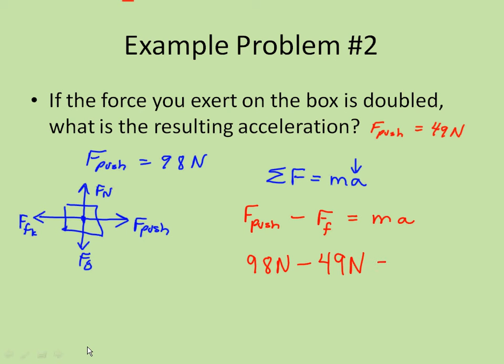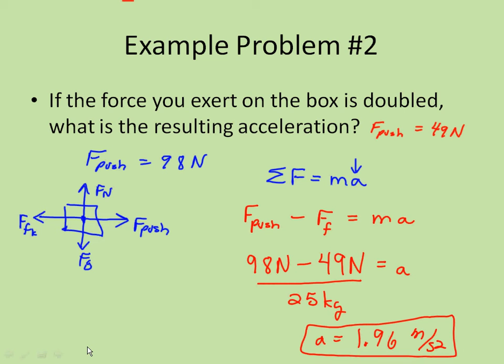I'm going to divide by the mass, which is 25 kilograms, which gives us our acceleration. And A will be 1.96 meters per second squared. So on this one, we plugged in a new number for the push and calculated a new acceleration.